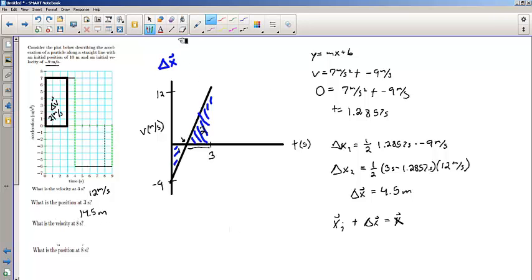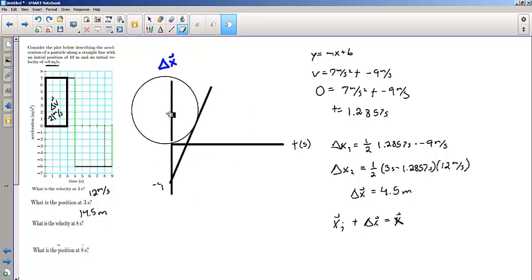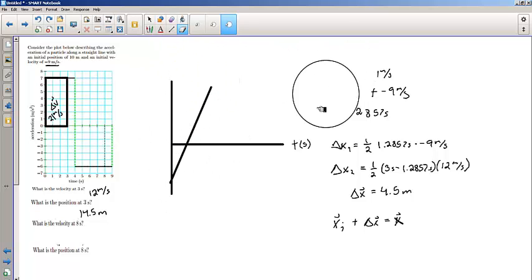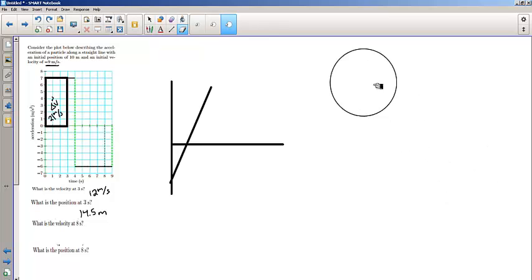Alright, so let's erase this and repeat the process for 8 seconds. So for 8 seconds, we're going to now need to make this box a little bigger. We need this to include up to 4 seconds. So we've got a little more delta V here.